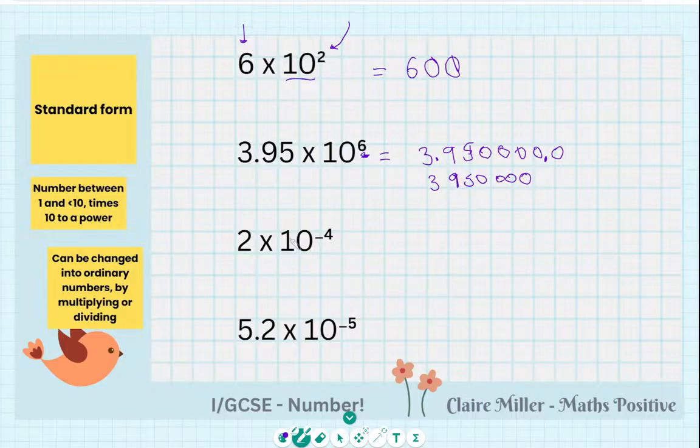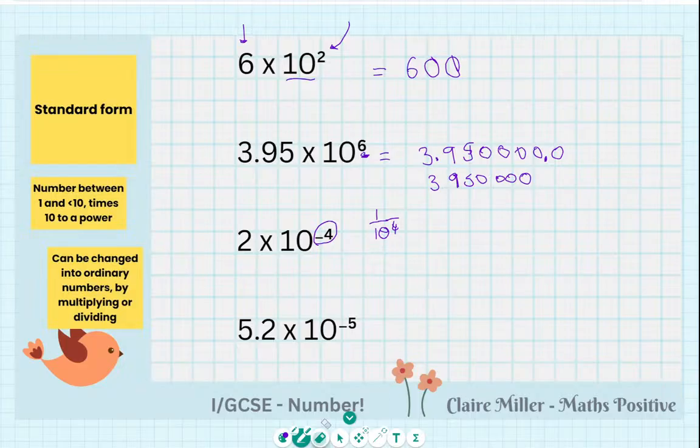Another important thing to know is when you have something to the power of a negative number, that's like dividing by 10 that many times. Because you might remember, we talked before about how negative powers mean the reciprocal. So 10 to the power of minus 4 is just like 1 over 10 to the power of 4. And if you times a number by 1 over 10 to the power of 4, it's like you've divided by 10 4 times.